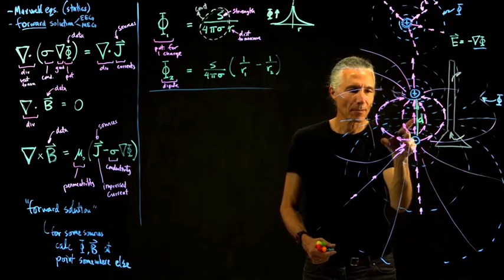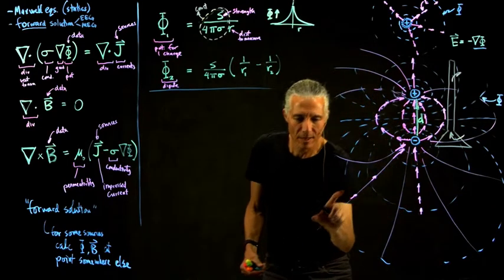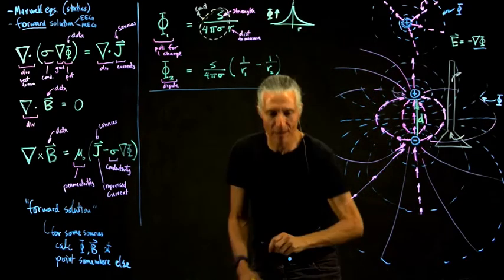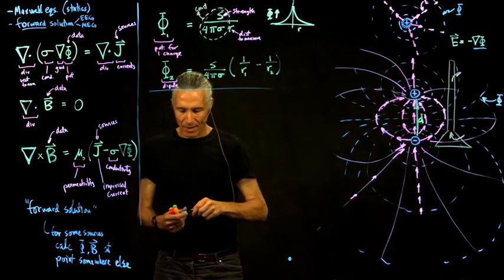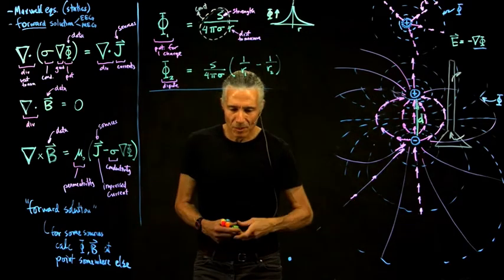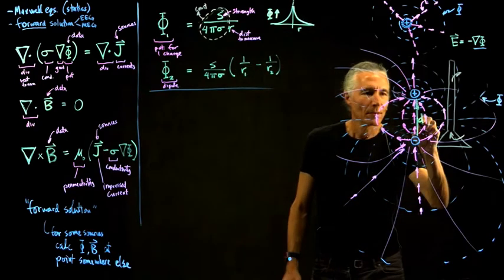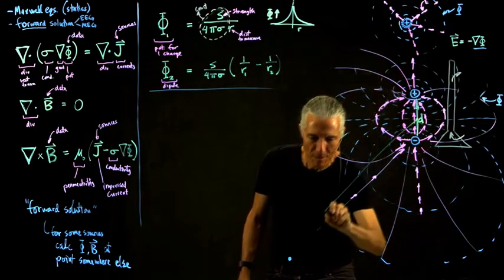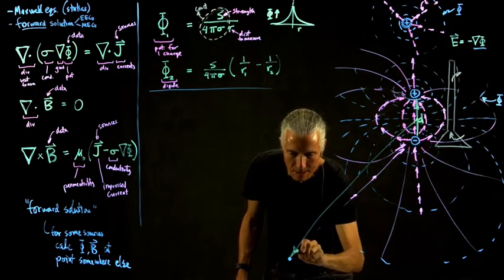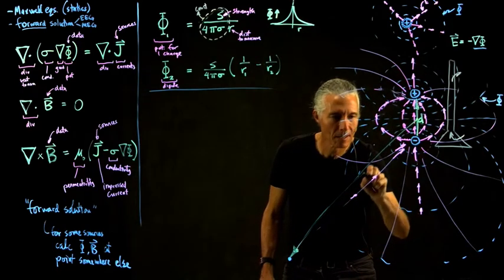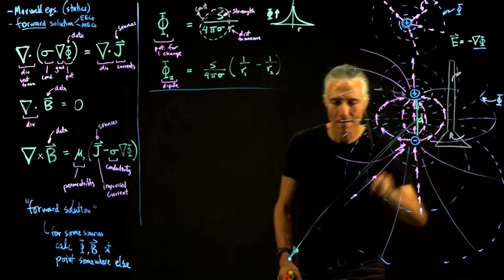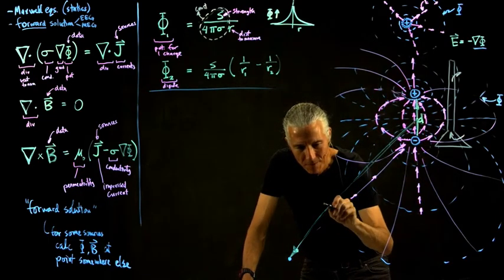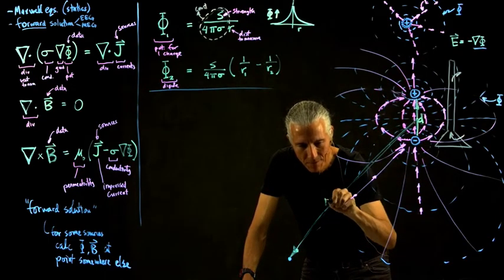So if we take like 1, 2, 3, 4, say we're measuring from a point down here. That's our measuring point. If we go from the center of this guy down to our measuring point, that's going to be our R vector.